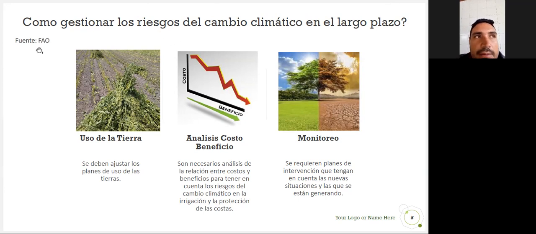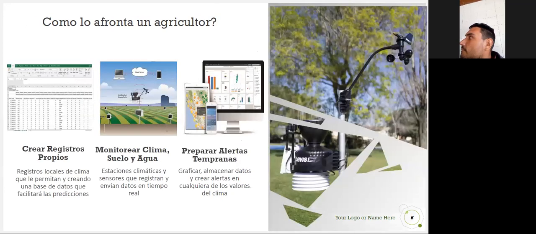Our responsibility as consultants or agri-consultants is to show and give the farmer all the data possible so the farmer can make better decisions. Next, please. Well, I say that the farmer needs their own records, monitoring soil, water, and weather, and preparing the early warning. Next.